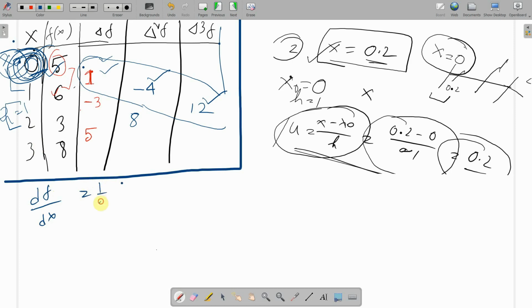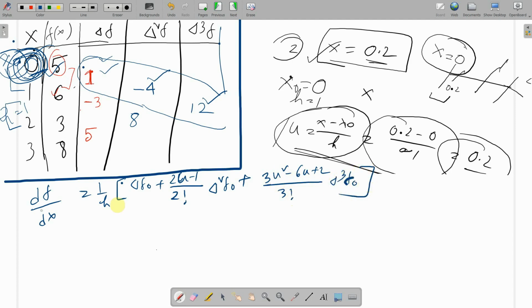The formula is 1 by h, then delta f0 plus (2u minus 1) by 2 factorial. You didn't consider the factorial, tell me honestly. Did you consider the factorials? Up to this. So 1 by h, 1 by 1.